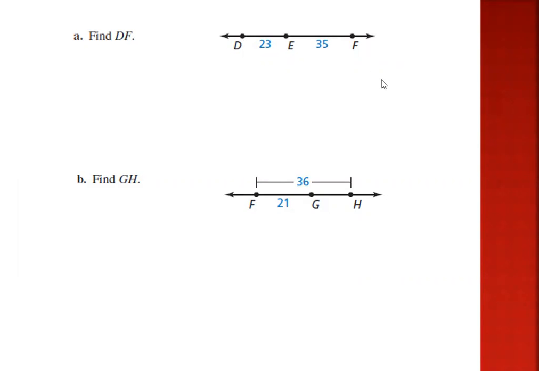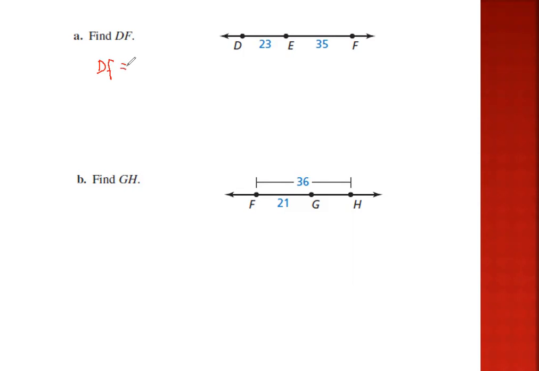Then how are we going to find the length of DF? We will add DE and EF. Exactly. Then we can write the formula first. Can anyone tell me, please, DF equals what? DE plus EF.